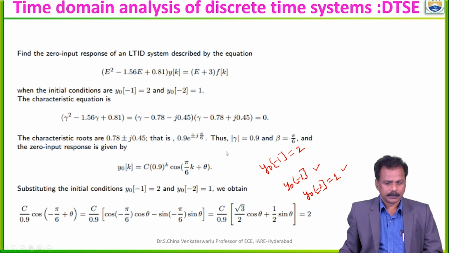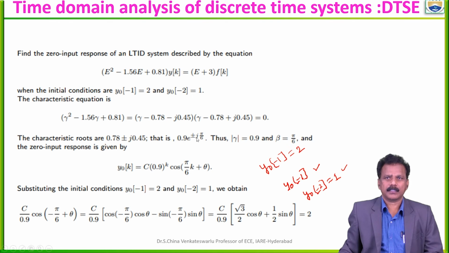Like this, try to verify where the characteristic roots are 0.78 plus or minus j 0.45, that is 0.9 e power plus or minus j pi by 6, so the magnitude is 0.9 and beta equals pi by 6.